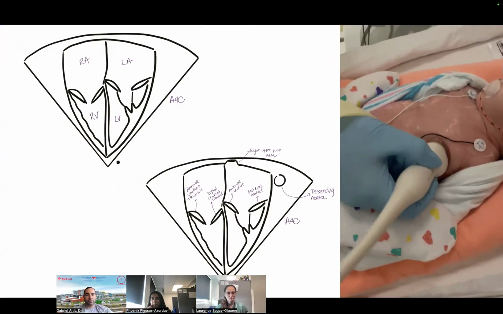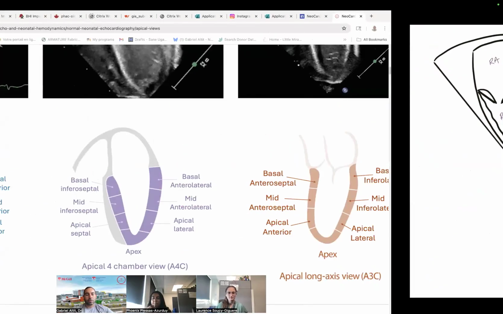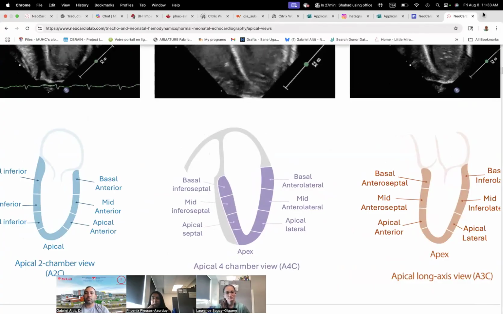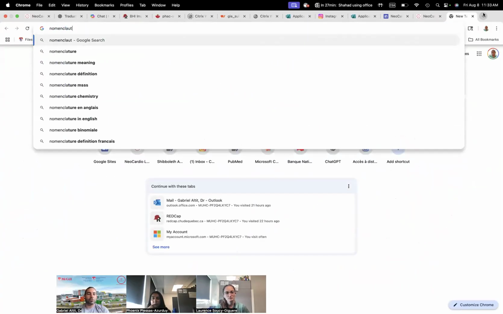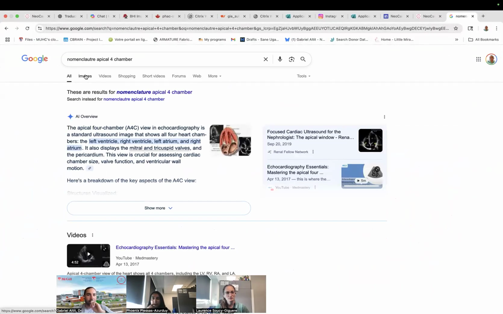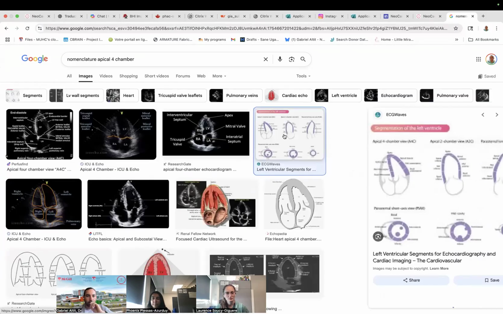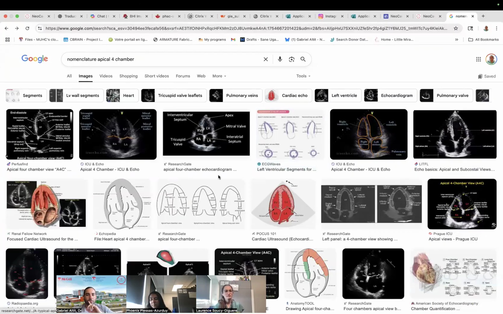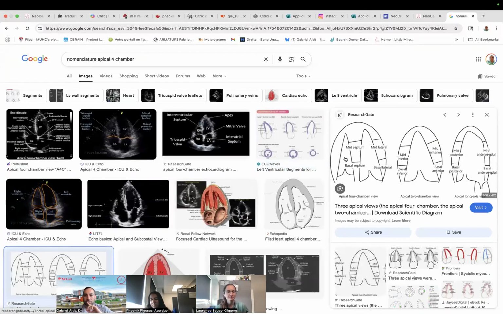Just want to validate. I think the septum, nomenclature, apical four chamber. Let me just validate that I have not lied to you. Apical septal, apical inferoseptal. Okay, no, I'm not lying. Perfect. Always validate yourself when you're in doubt.